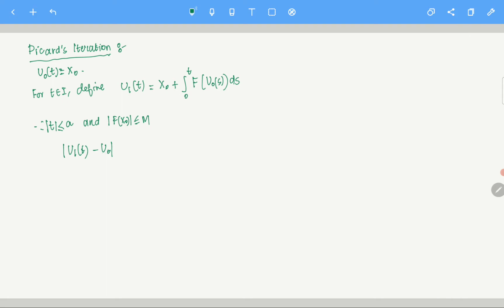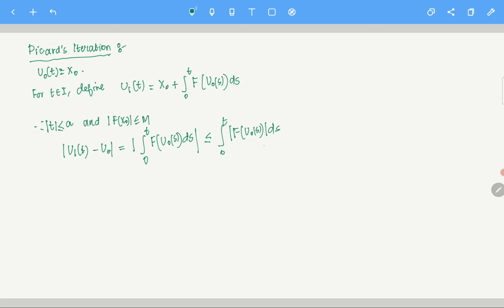The x naught cancels, so I am left with the integral from 0 to t of capital F of u naught of s ds. Now you already know that the mod of an integral is always dominated by the integral of the mod, ds. I hope this is clear.